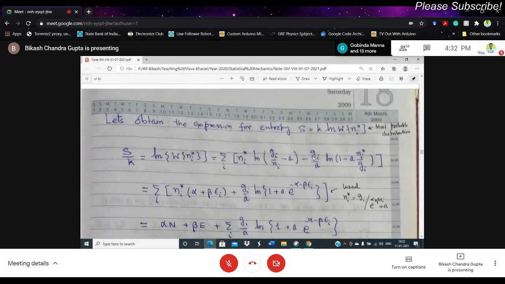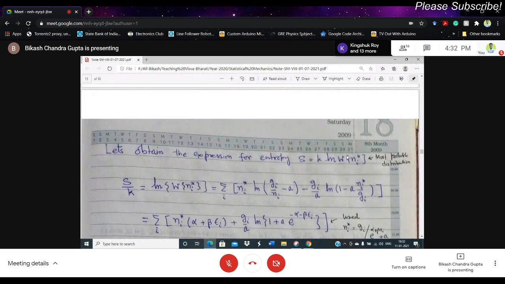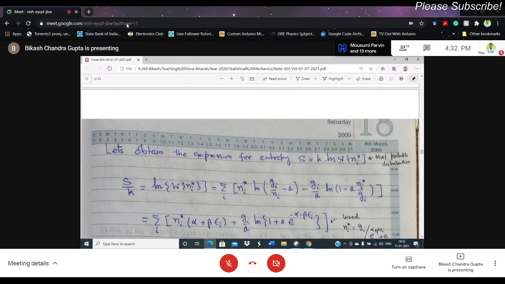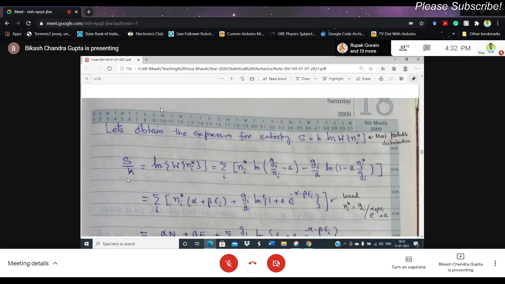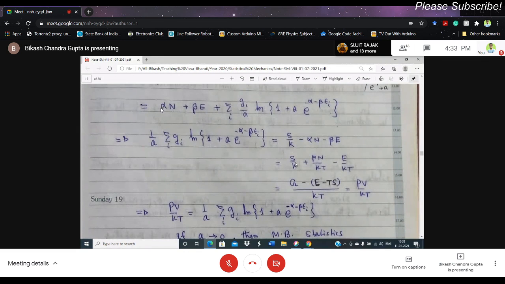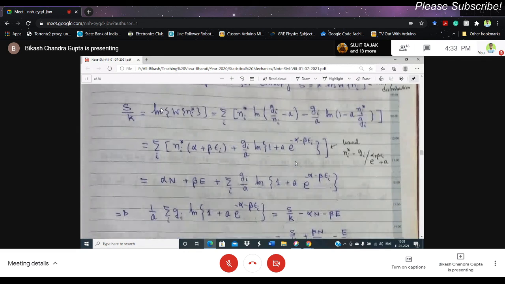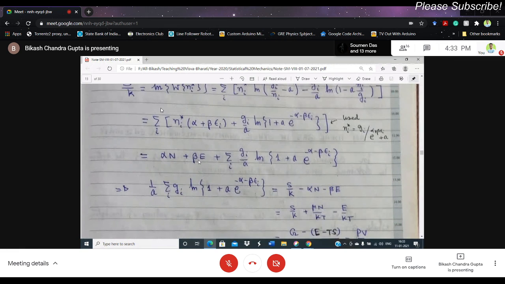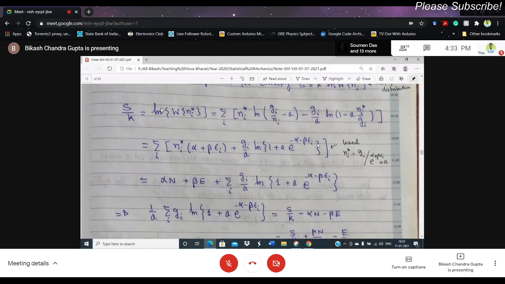Then you consider the most probable W, start with that and find the entropy to connect with thermodynamics, and therefore S is this. You can calculate S by k equals this, and take a tending to 0. Or even without a tending to 0, you can have these forms in general.